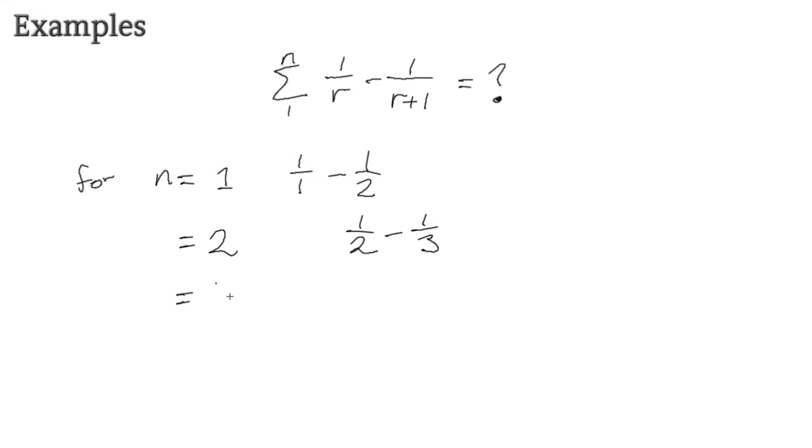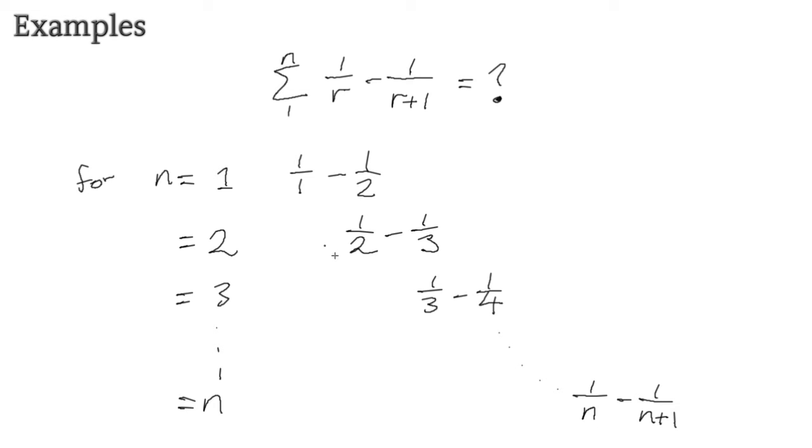For n equals 3, we have 1 on 3 take 1 on 4, etc. And for n equals n, we have 1 on n take 1 on n plus 1. With that information sorted, we can look at the pattern derived.